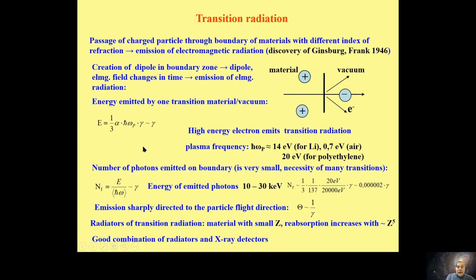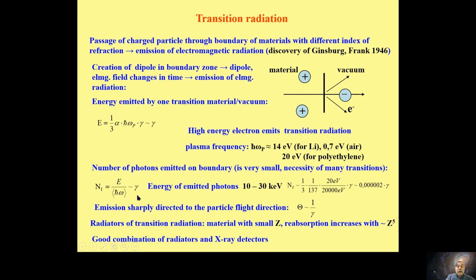That means the probability of emission should be very, very small because emitted photons have very high energy. And it's possible to calculate the number of photons: this energy, which will be very small, divided by the energy of this emitted photon.